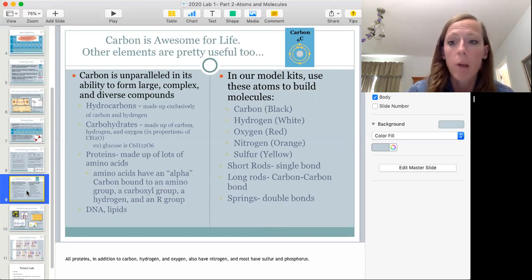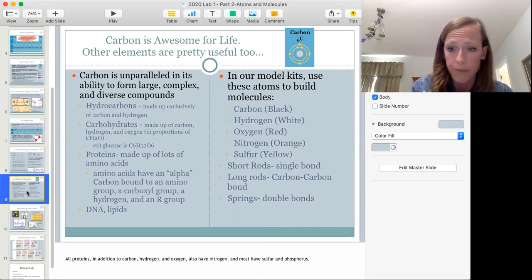Carbohydrates then are made up of carbon and hydrogen and oxygen as well. And they often exist in the proportion CH2O. So 1 carbon to 2 hydrogens to 1 oxygen, okay? And glucose is a well-known carbohydrate.